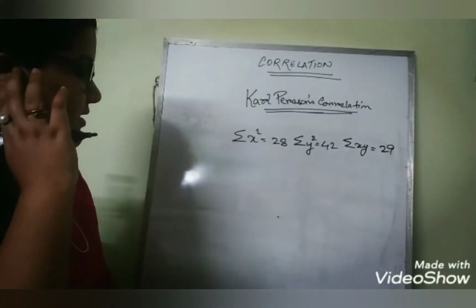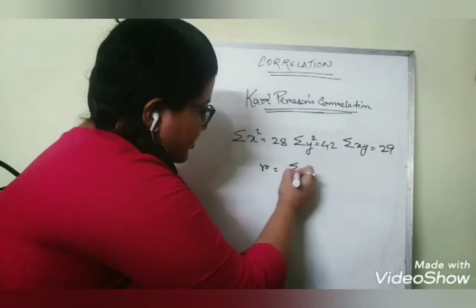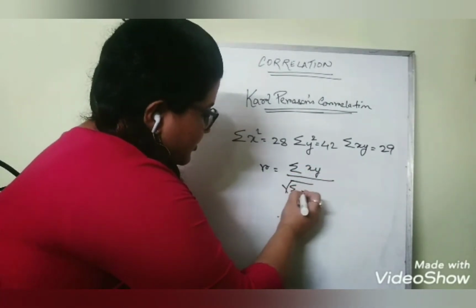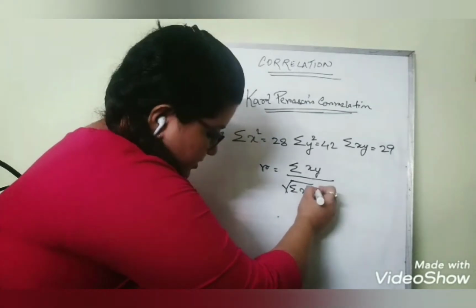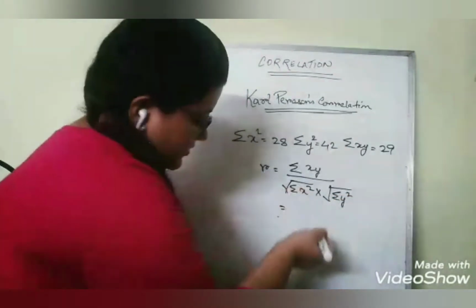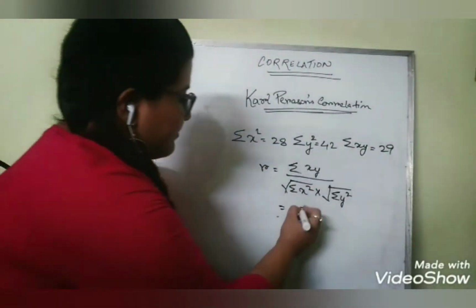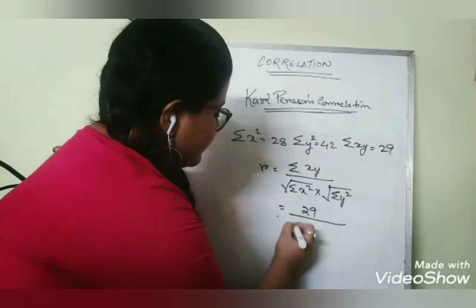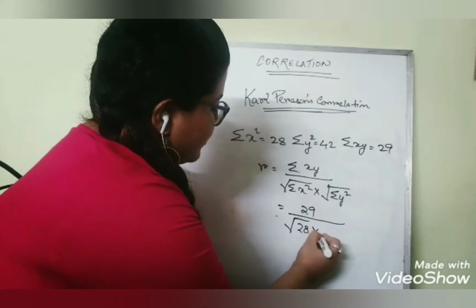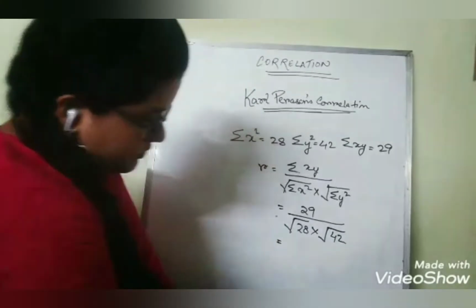Now we have to find r, the correlation coefficient, that is the main thing. So r is equal to summation xy by root over summation x square into root over summation y square. Your summation xy is 29, summation x square is 28, so root over 28, into summation y square is 42, root over 42.